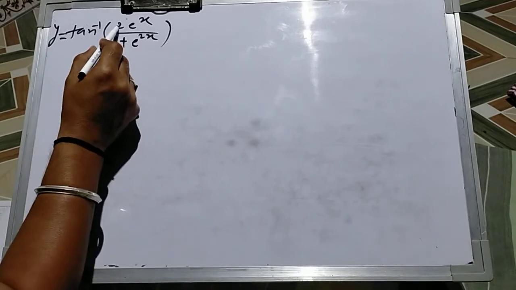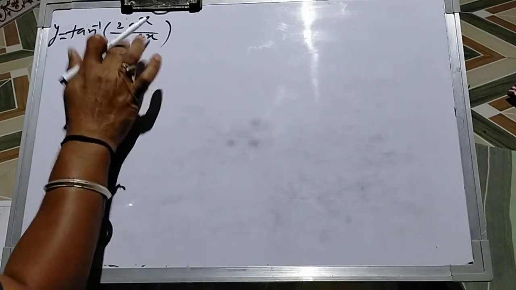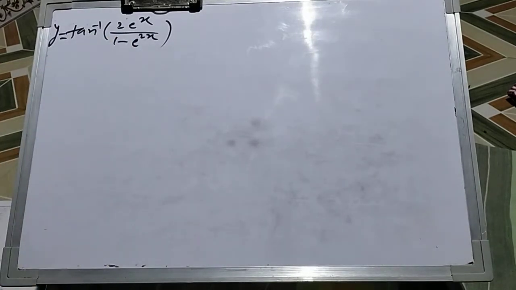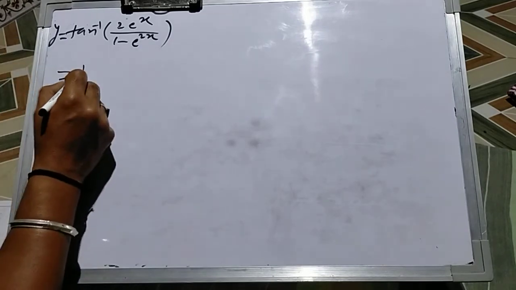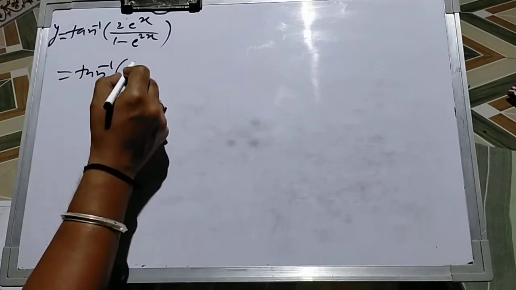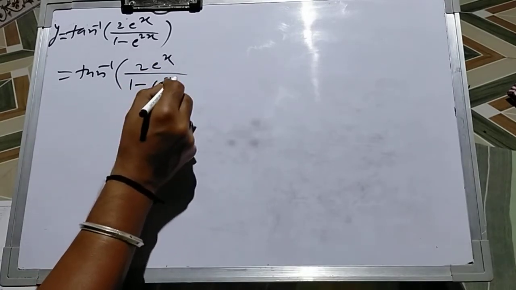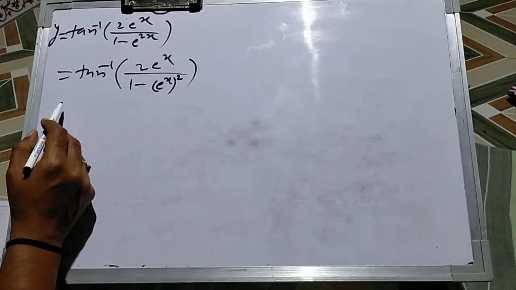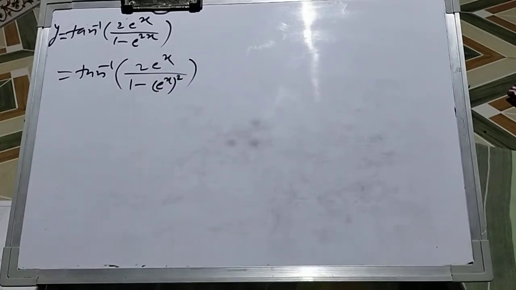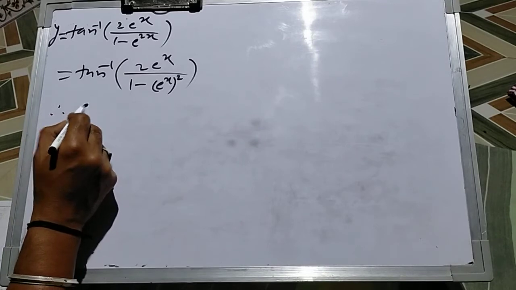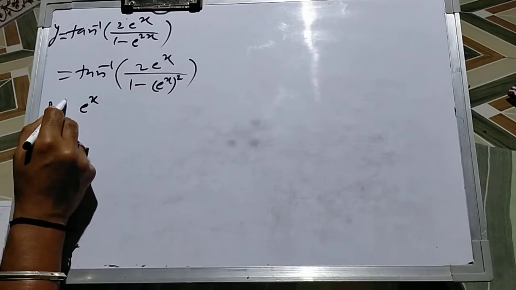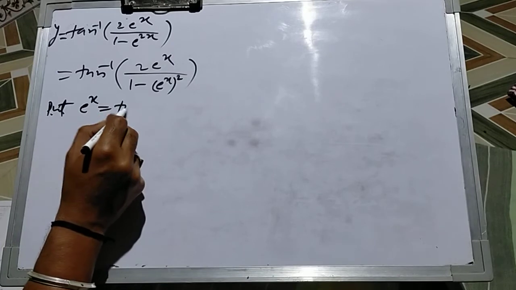So your next example is y is equal to tan inverse of 2 e to the power x divided by 1 minus e to the power twice of x. This term can be written as tan inverse of 2 e to the power x divided by 1 minus (e to the power x) square. So whenever there is the term 1 minus x square, we put x equal to tan of theta. So therefore we put e to the power x is equal to tan of theta.